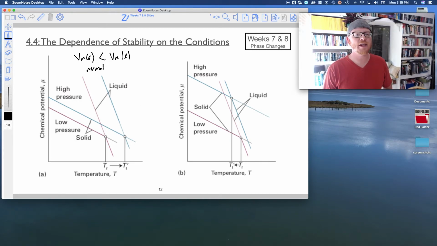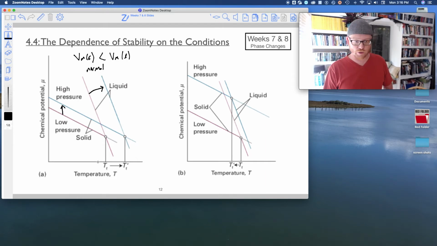So what you see here is a smaller increase of the chemical potential of the solid, but a much bigger increase of the chemical potential of the liquid.